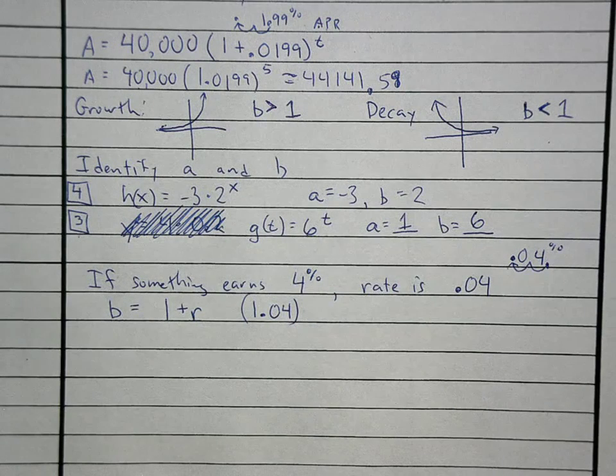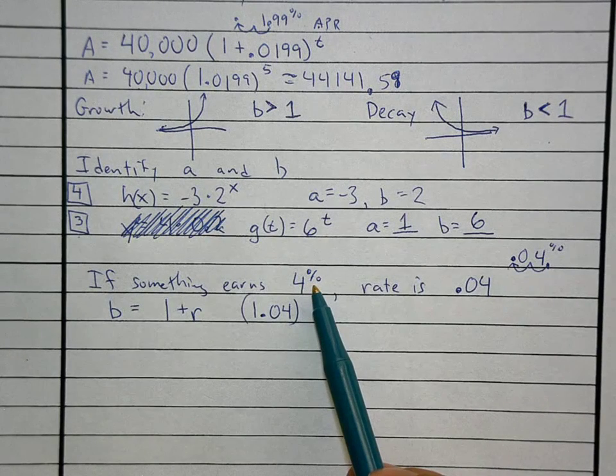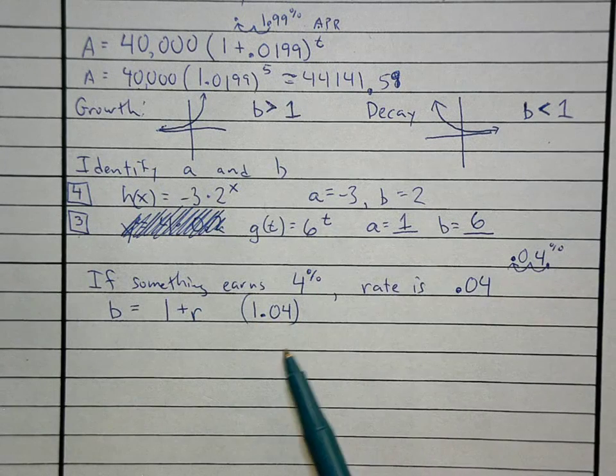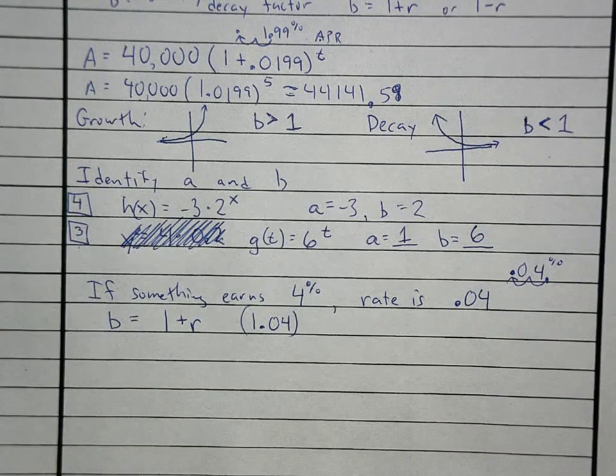That is literally the hardest thing for me to get you to remember. What I want you to think about is this. If I buy a CD for $100, I don't just want to know how much interest is going to accrue. I don't care just about the 4%. I care about how much do I have plus the interest. Literally, I can't touch that money, but I know how much is there.